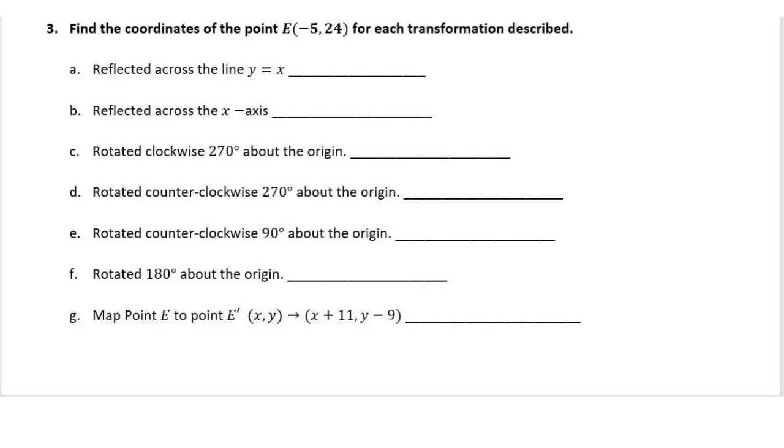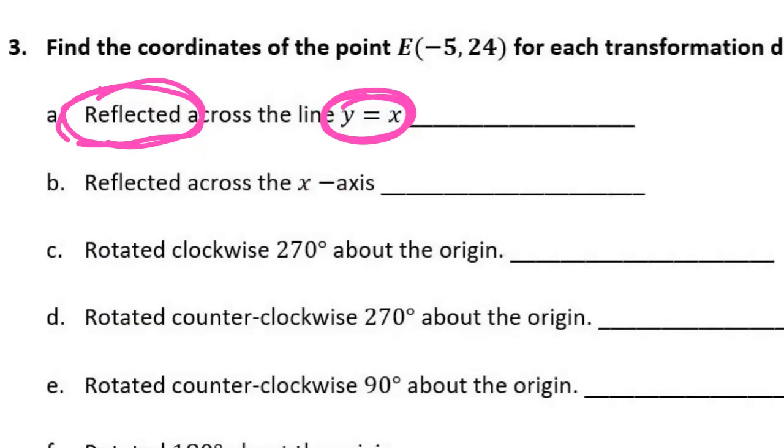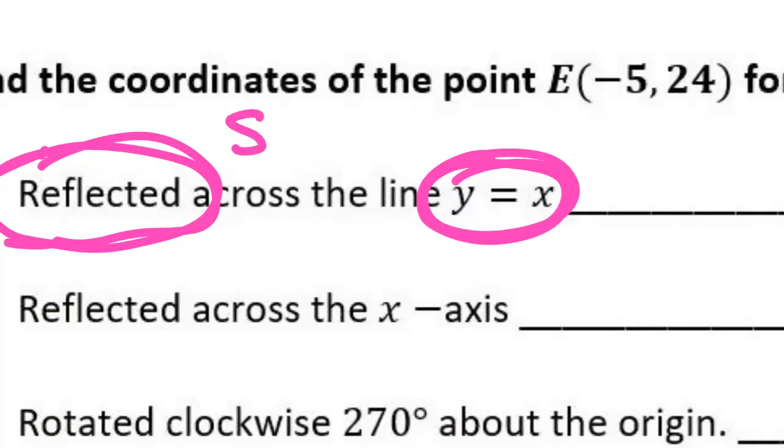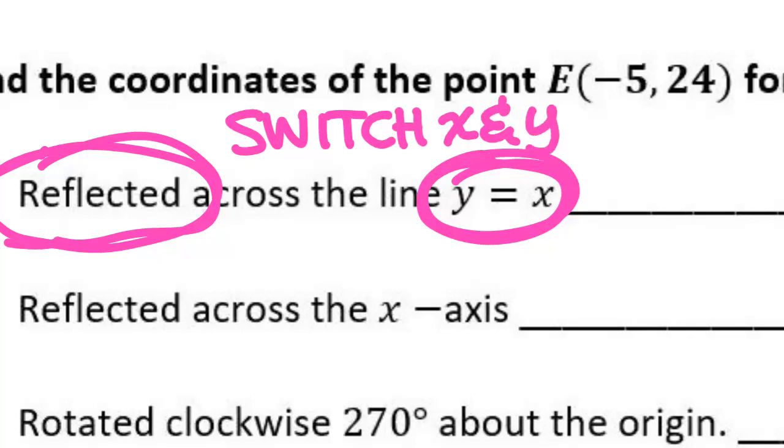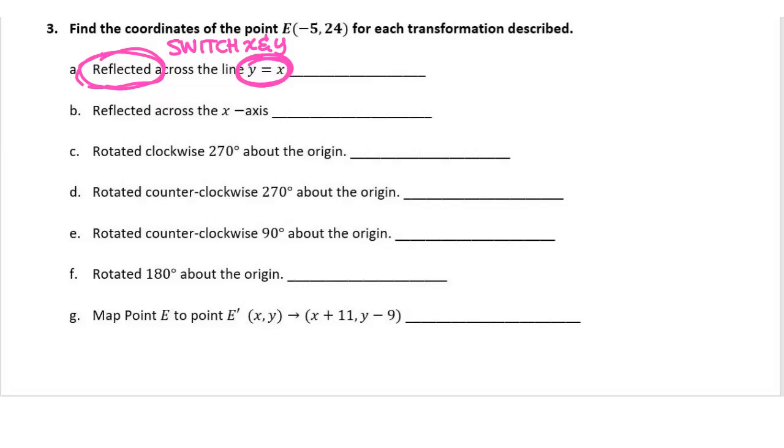What is my rule for reflecting across y equals x? We're going to switch the x and the y. Here's the best little trick I've come up with to be able to remember this one.